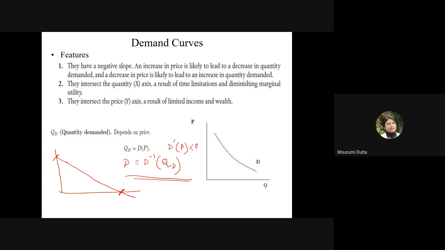However, when he presented it graphically, he considered Q along the horizontal axis and P along the vertical axis, because at that moment, background mathematics was not that strong to tell us that this variable should be considered as the independent variable and this as the dependent variable, that the independent variable should be measured along this axis and the dependent variable along this axis.